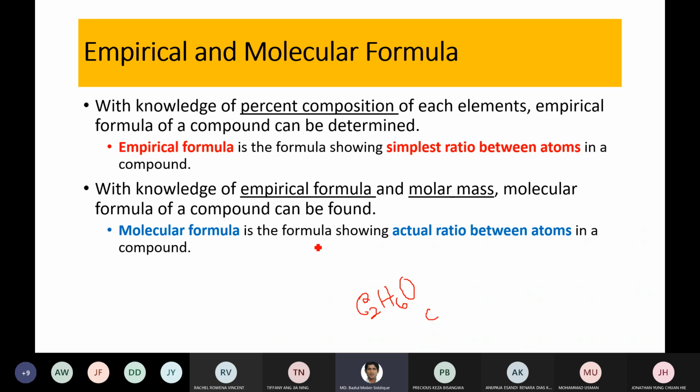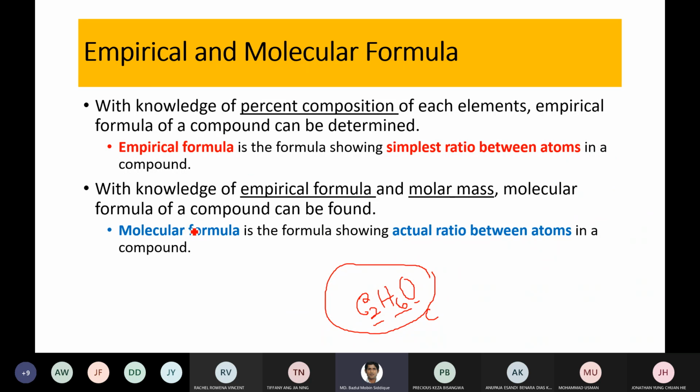It can be any other compound, but in the molecule, now we see that there are 2 carbon, 6 hydrogen atoms and 1 oxygen atom in the molecule. So this is what we see in the empirical formula.